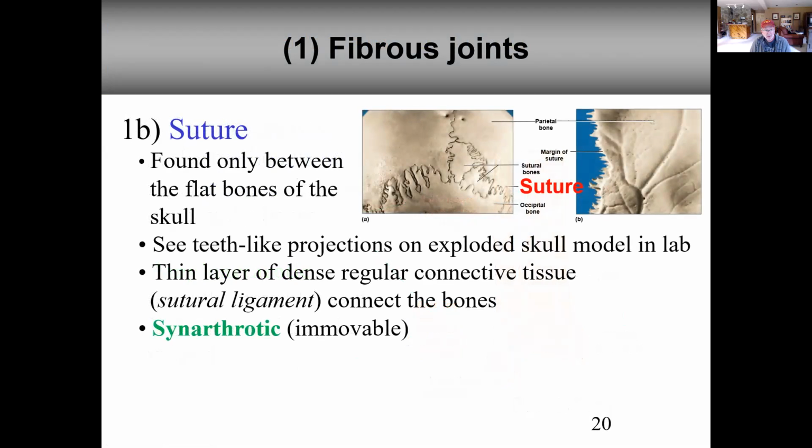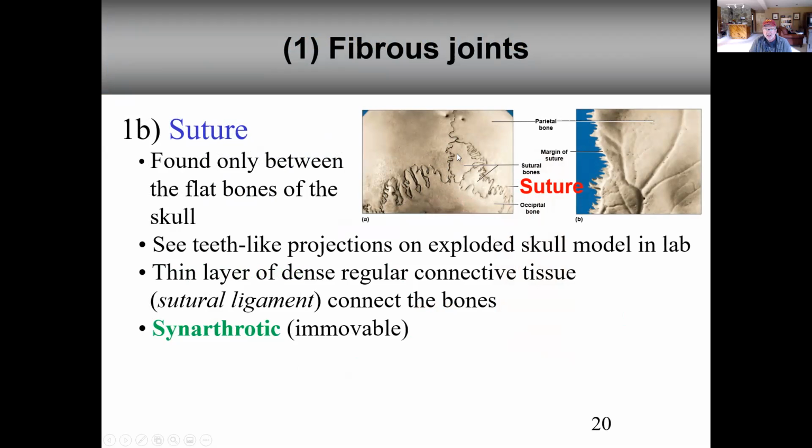A suture, which you learned about a couple weeks ago in lab, is found between the flat bones of the skull, and is also a type of joint bound by fibrous connective tissue. So if you were to look in you or me, not so much in the skeleton, because this sutural ligament has been dissolved when they went to prepare the skull for use in the laboratory or in the classroom.